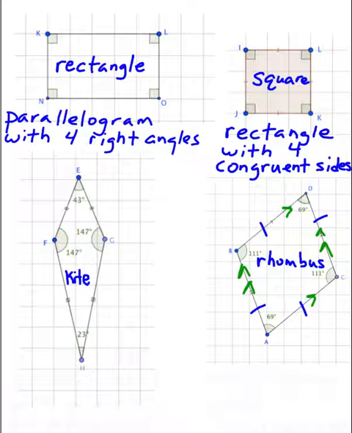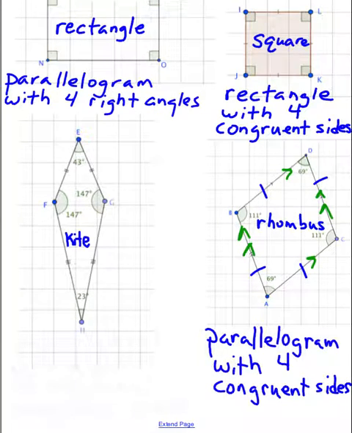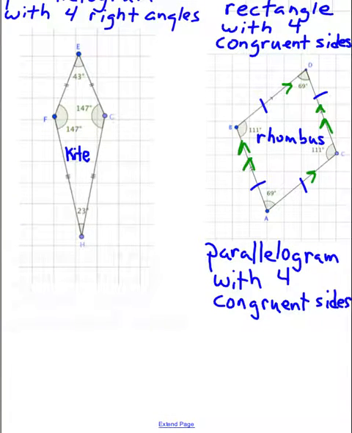Well, it's a parallelogram with 2 pairs of congruent. I think we want to focus on side lengths here, because parallelogram, that's already implied. So it's a parallelogram with 4 congruent sides. That captures everything we need there, right?